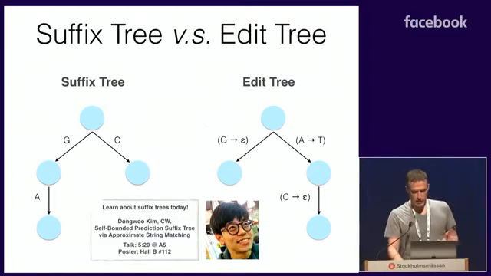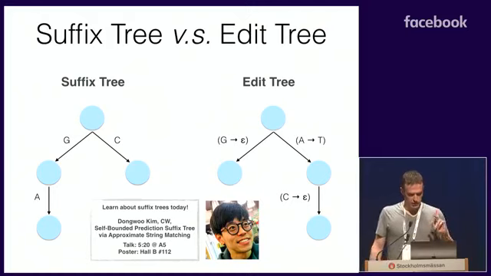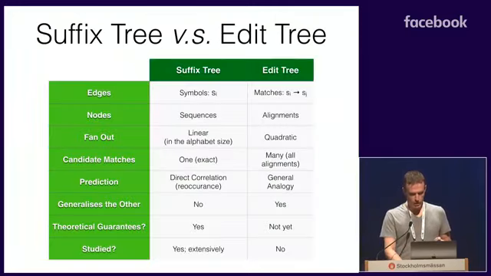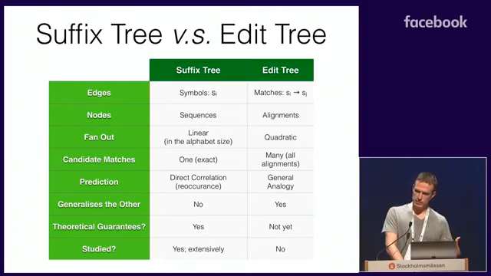We actually have another talk and poster on this. So if you'd like to learn more about suffix trees, there's a talk at 5:20 by Dongwoo and a poster as well tonight. So just to summarize the differences between suffix tree and edit tree, we've already seen that the edges in the edit tree are pairs of symbols as opposed to just symbols in the suffix tree. Therefore, nodes correspond to alignments, not sequences.